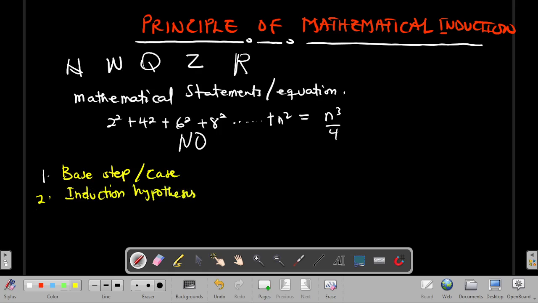Then we have the final step, which we call the inductive step. So these 3 steps help us prove that every mathematical relation will hold for all possible natural numbers.